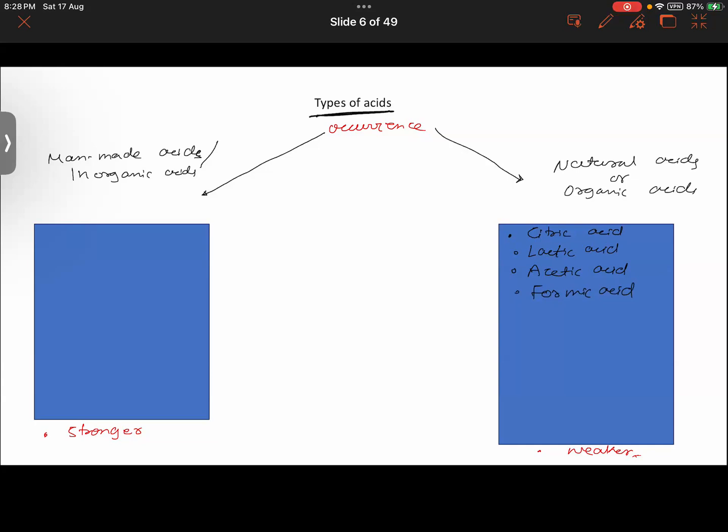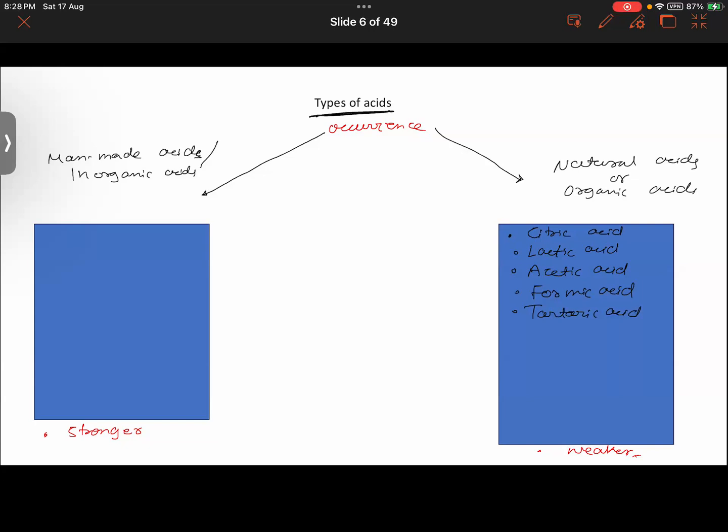Then we have certain examples of other acids, like for example, we have one more example, tartaric acid. Okay, now that is also one example. Tartaric acid. You all know about tamarind, no? You would have eaten tamarind, also called imli.